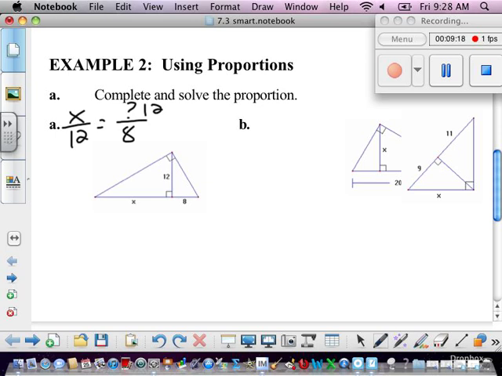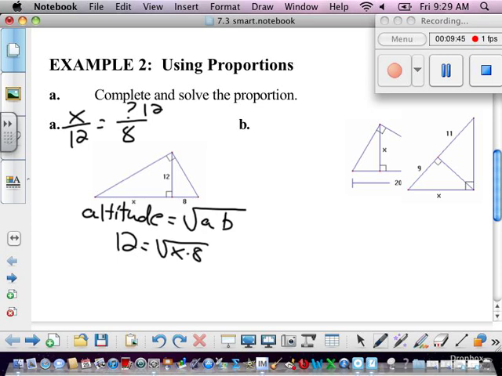So that should mean that 12, so geometric mean, remember, is the altitude equals the square root of the 2 other numbers multiplied together. So if the altitude here is 12, this should equal the square root of x times 8.